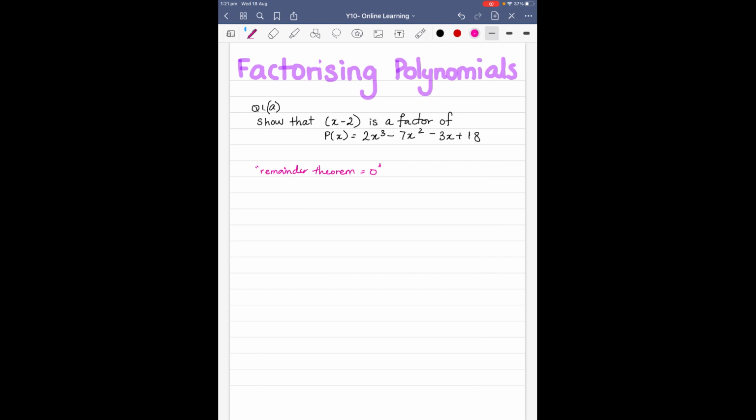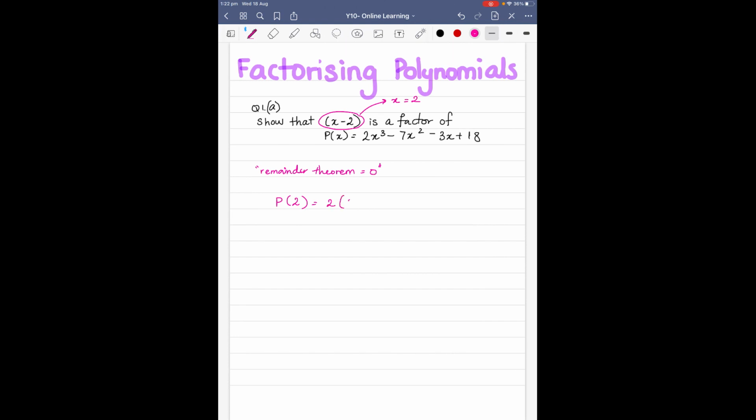Now, when you're applying your remainder theorem, your x is going to be 2 because 2 minus 2 is 0, yeah? So we're going to sub x as 2 into here, so all your x's become 2. So P(2) equals 2.